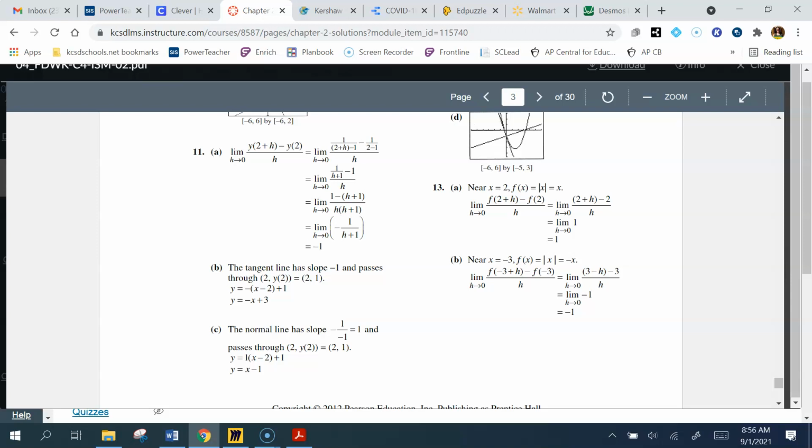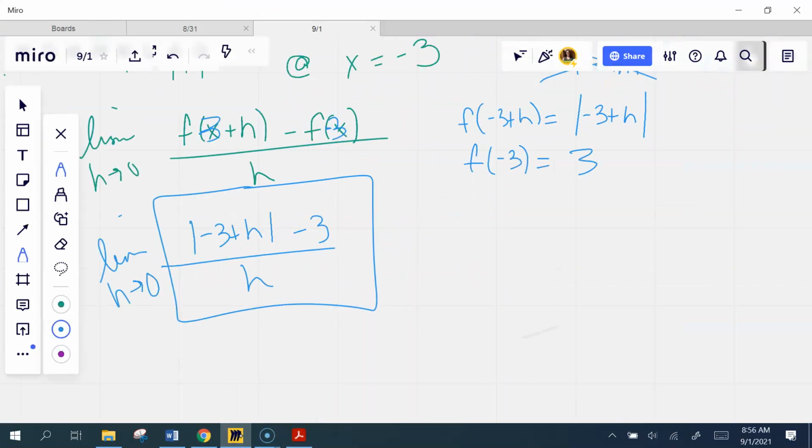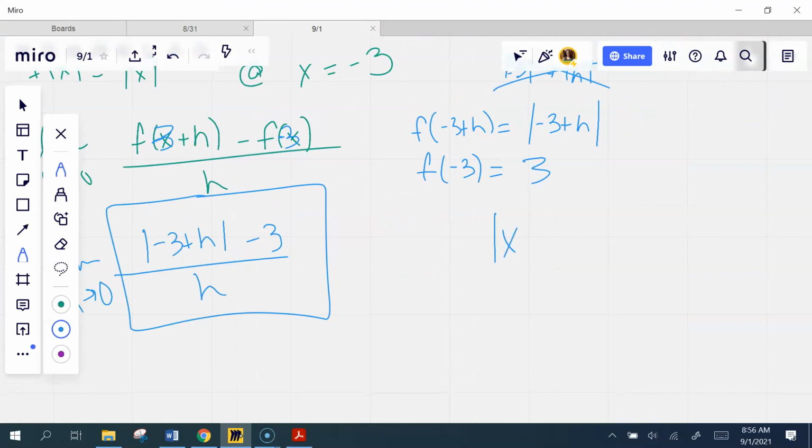So here's why that works. If you have the absolute value of x, that means this could be x or negative x and you get the same answer. So inside these absolute values, this could be negative 3 plus h, or it could be positive 3 minus h, and you'd get the same answer as well, because it's going to flip it back to positive anyway.